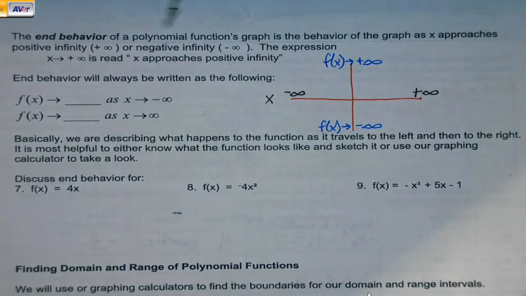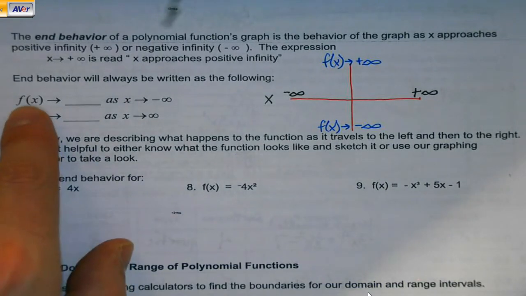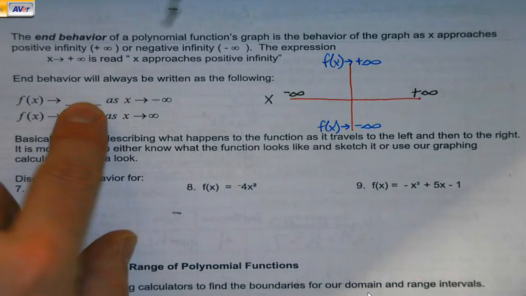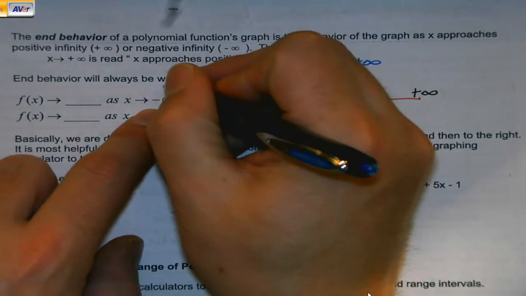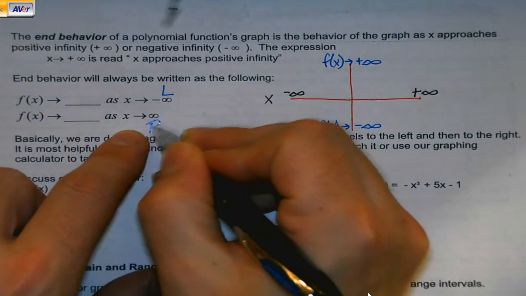So when we do end behavior, we're always doing end behavior from left to right. So when I look at a picture, this basically says y is heading towards something as x heads to the left or as x heads to the right.